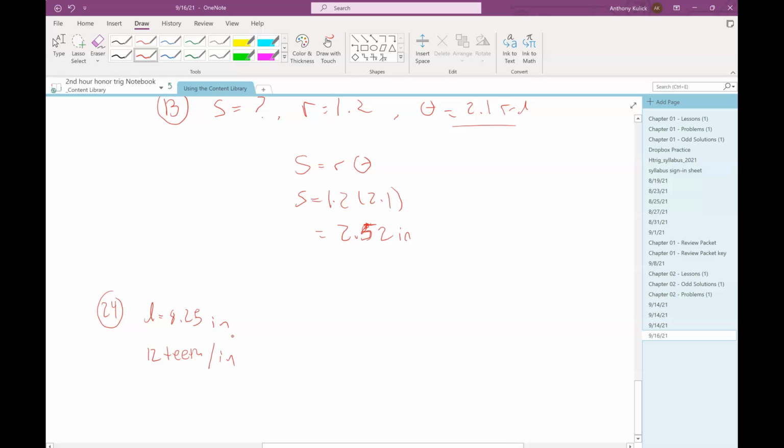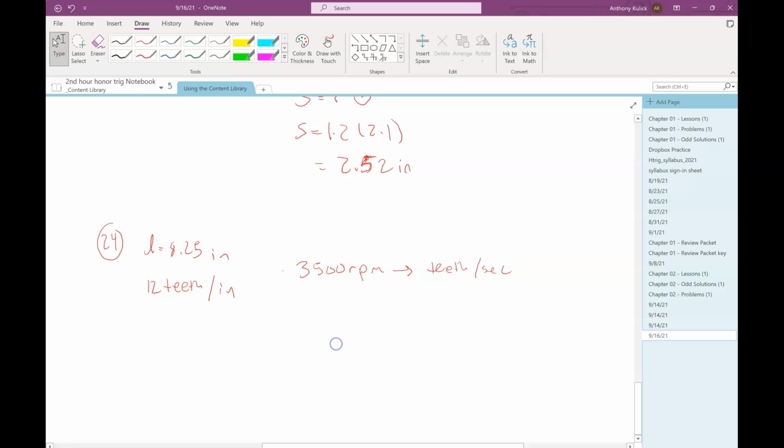We know that the saw spins at 3,500 RPMs, and we want to convert that to teeth per second. So far, so good? Just writing down what we know.